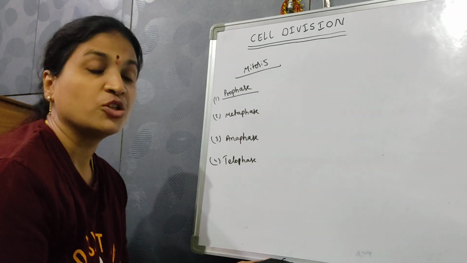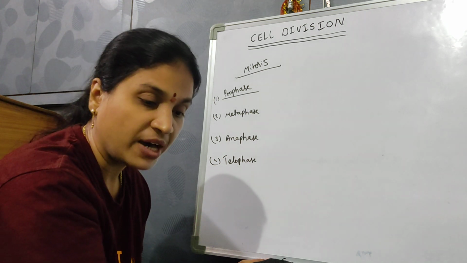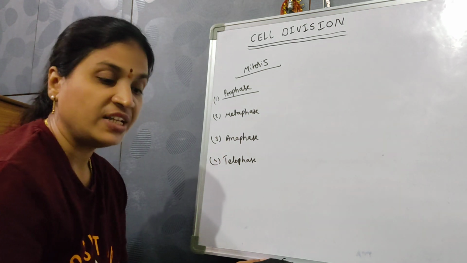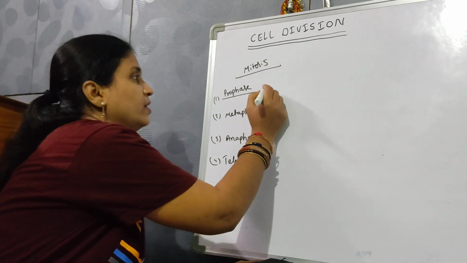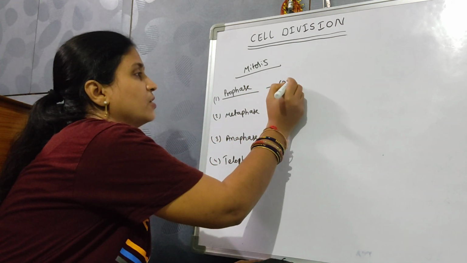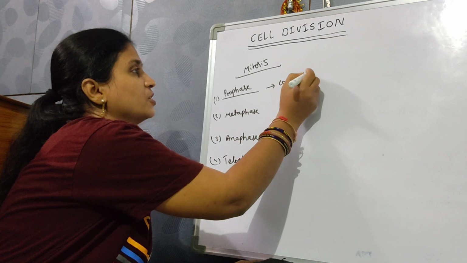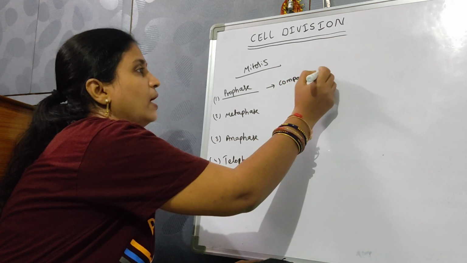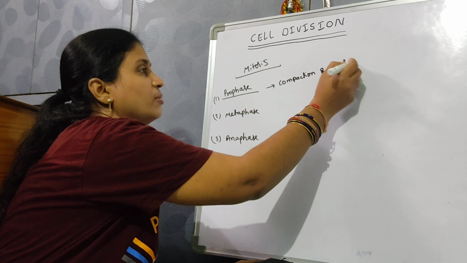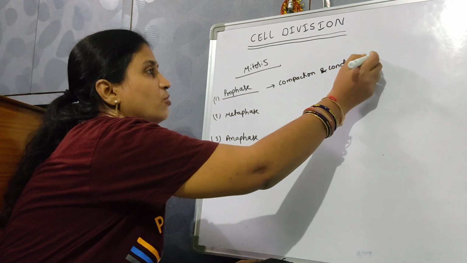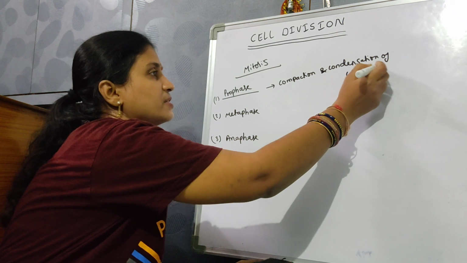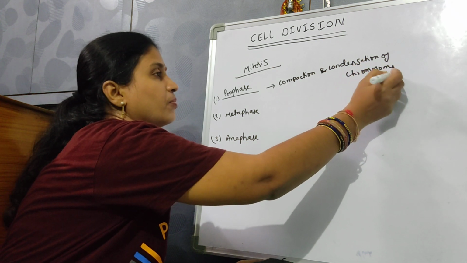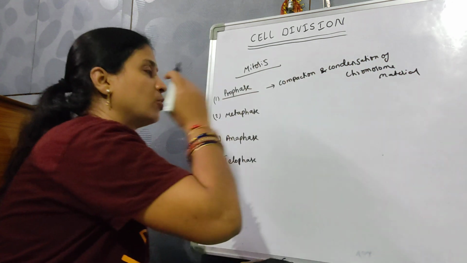In the prophase, the compaction or condensation of the chromosomes is going to take place. Here the compaction and condensation of chromatin material is going to take place.